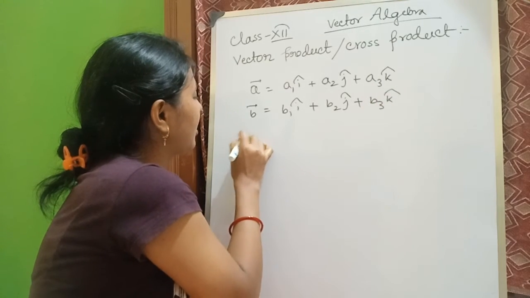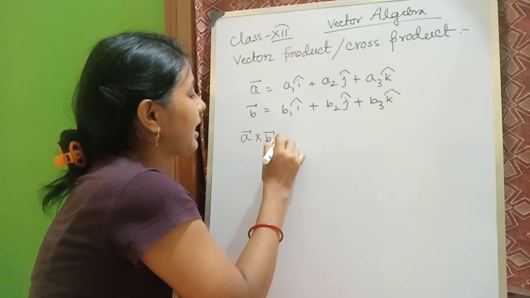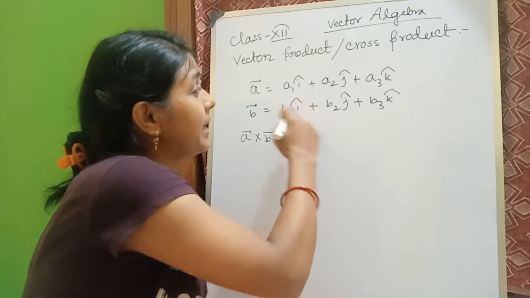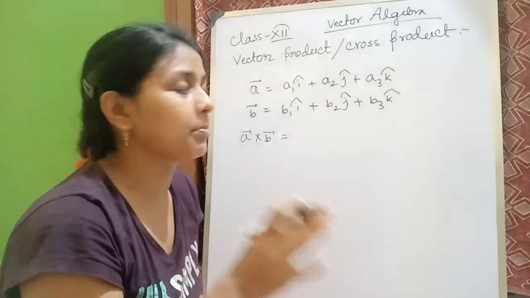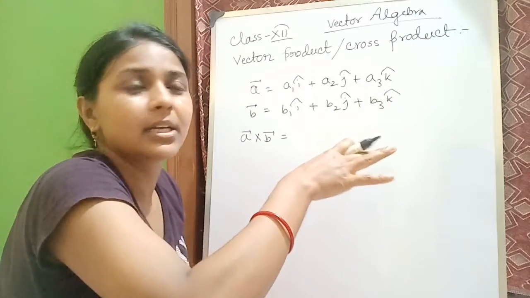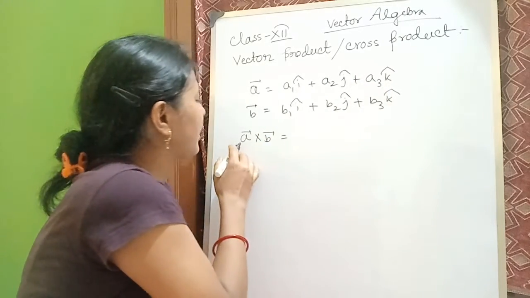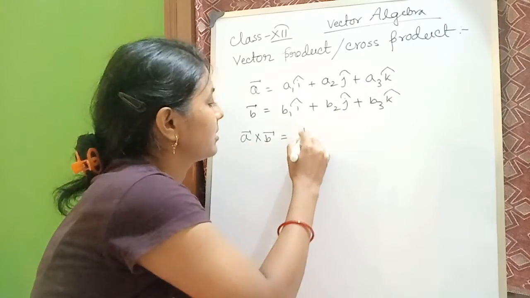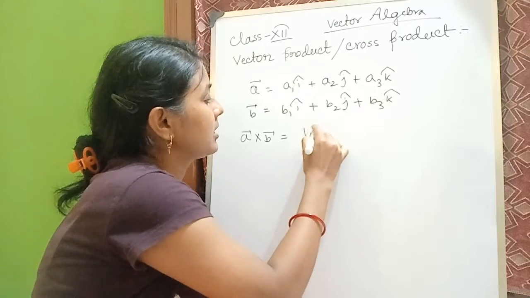Then A cross B can be calculated if the vector components are given in this type of format. Then we can find out A cross B with a determinant.